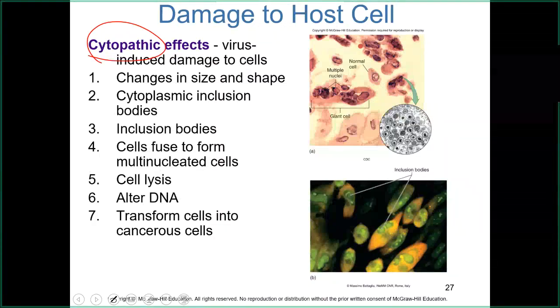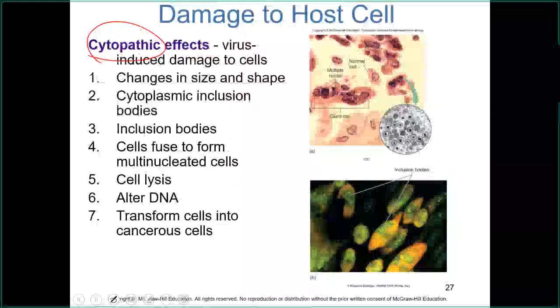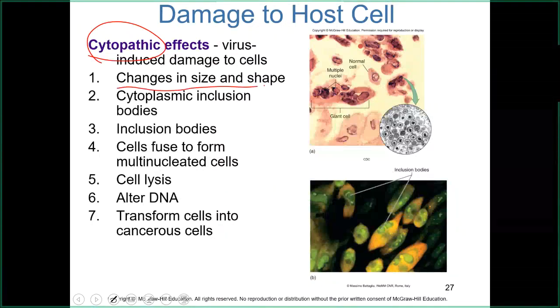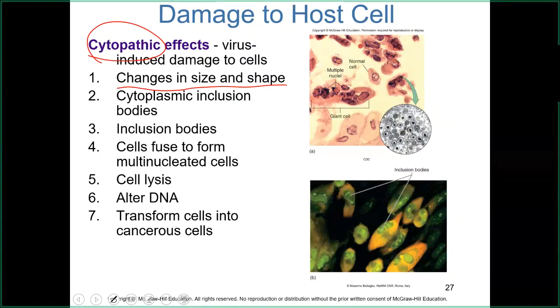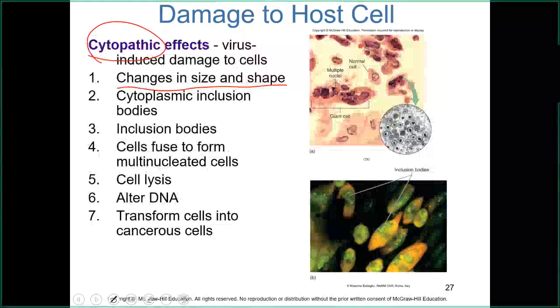So what are the kinds of things that we might look for? Well, one would be changes in size and shape. Frequently, virally infected cells will start to get a little bigger, a little fatter.